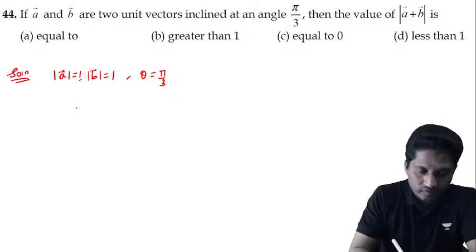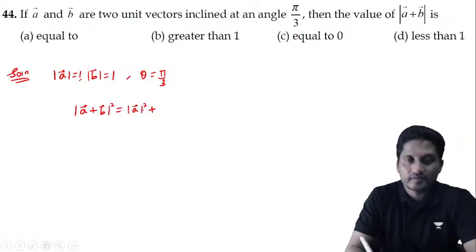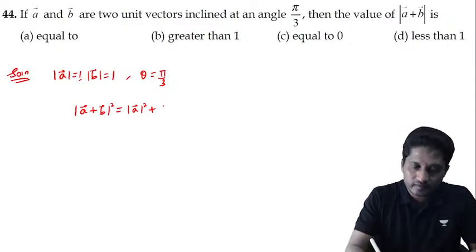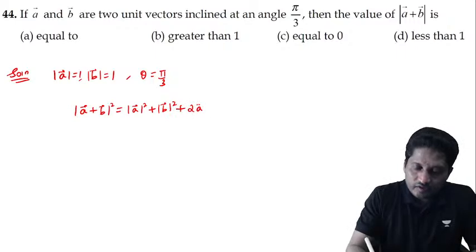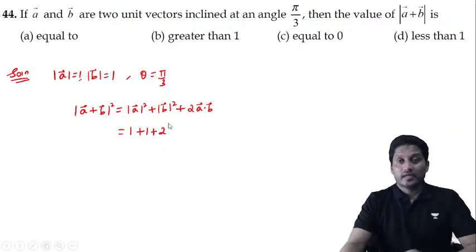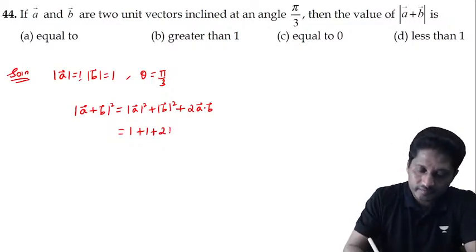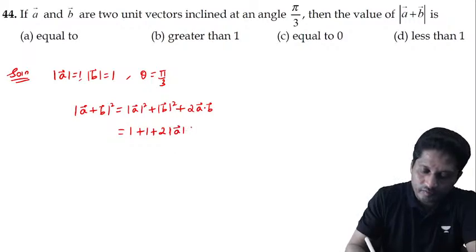Mod of A plus B the whole square is mod A square plus mod B square plus 2 times A dot B. Mod A is 1, mod B is 1 because they are unit vectors, and A dot B is equal to mod A into mod B into cos theta.